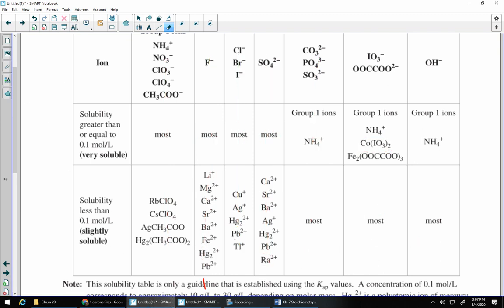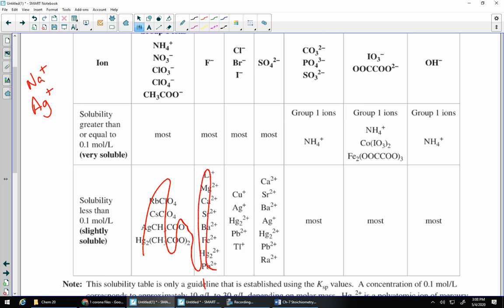And we're just looking for something that will create a precipitate, not with sodium, but with, I believe it was silver, Ag+. So I'm looking along the bottom here. So this one, not so much. This one, I don't see silver there either.